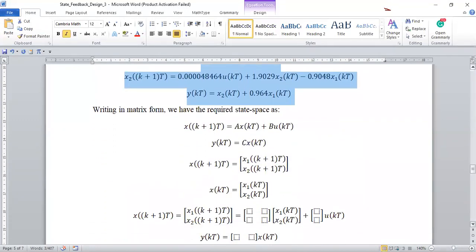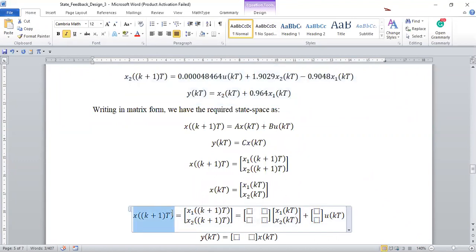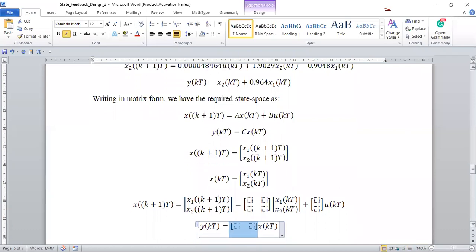Then the state space representation is x of (k plus 1)T equal to Ax plus Bu of kT. Then y of kT is equal to Cx of kT. So that's the state space representation in discrete time.